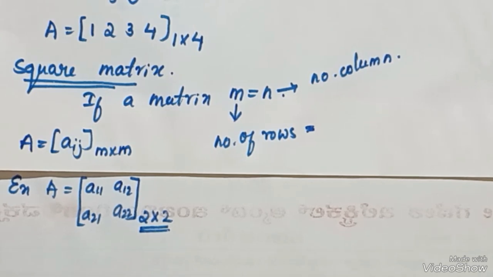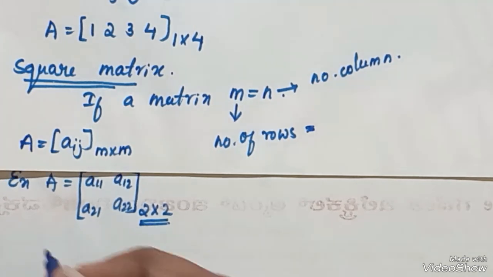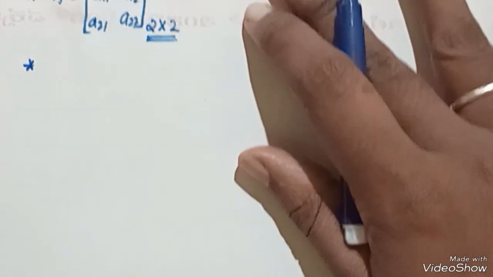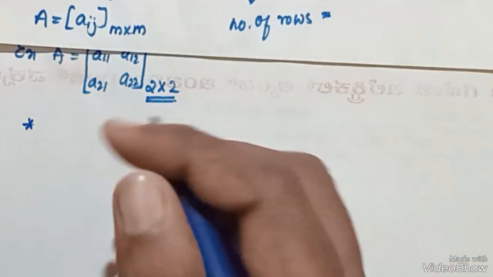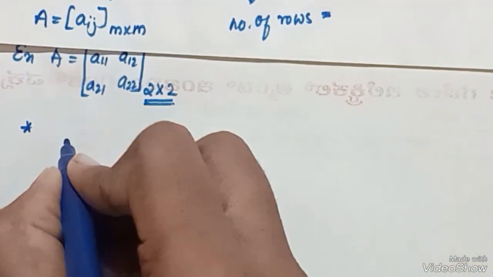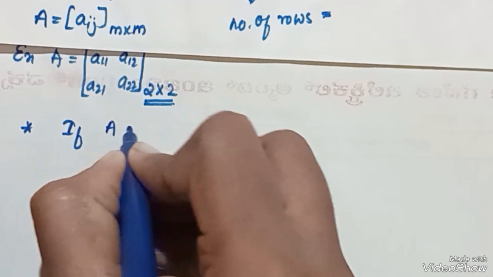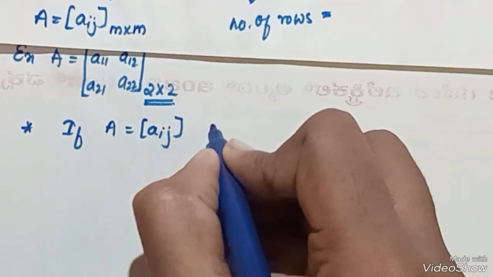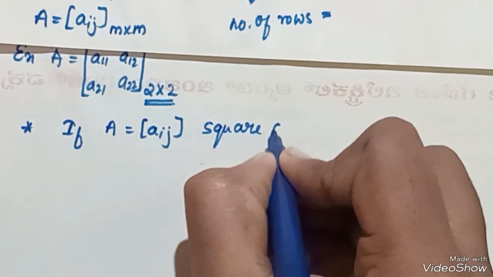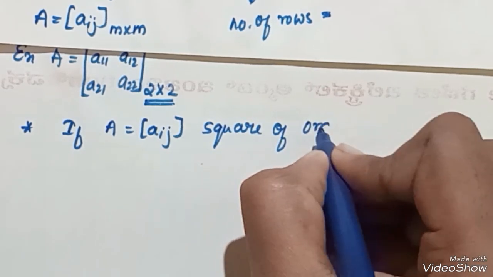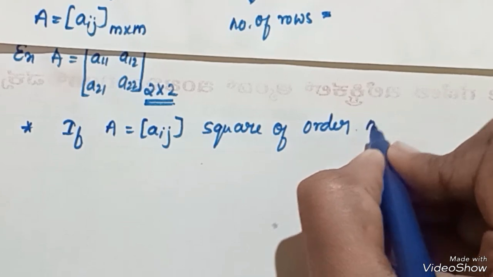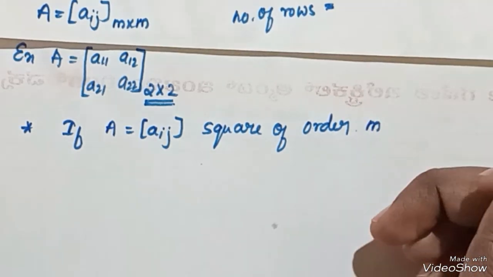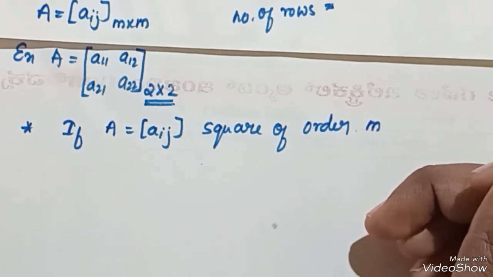Now, here is one important point in square matrices. If A is equal to Aij, a square matrix of order m, it has m rows and m columns.